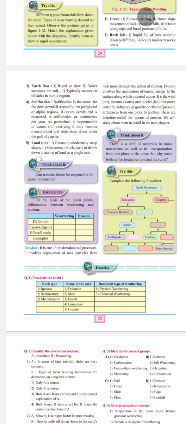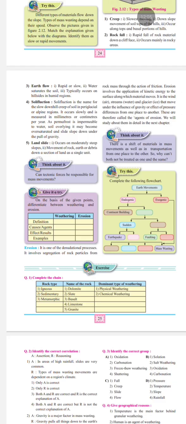Next is solifluction. Don't get confused by the difficult name. Solifluction simply means the slow downhill movement of water-saturated soil. It mainly occurs in periglacial and alpine regions where the ground is very cold. There is often a permanently frozen layer called permafrost below the surface.